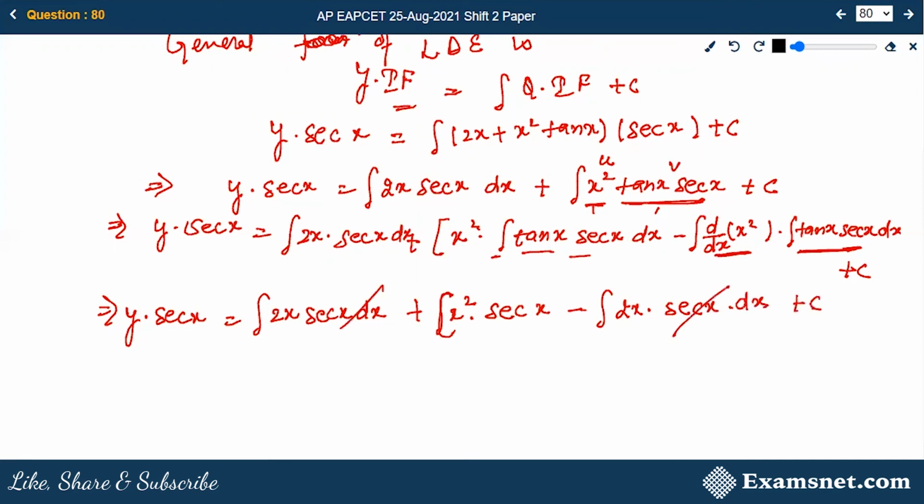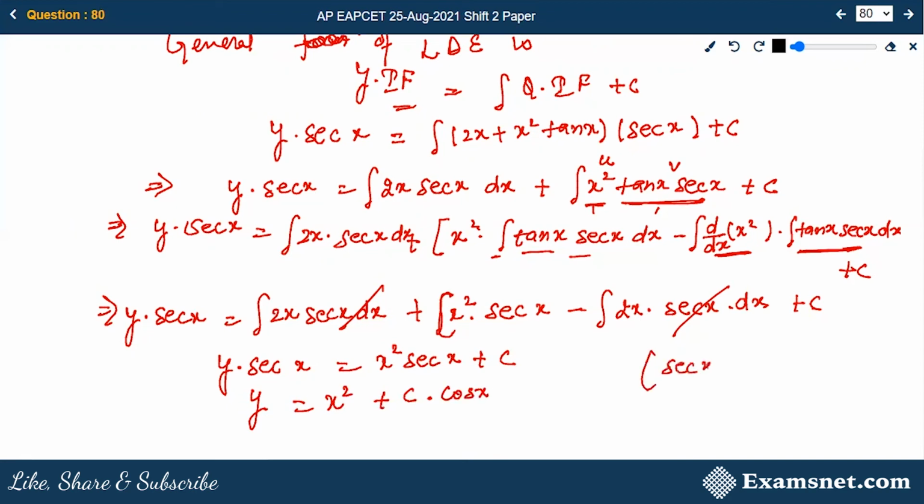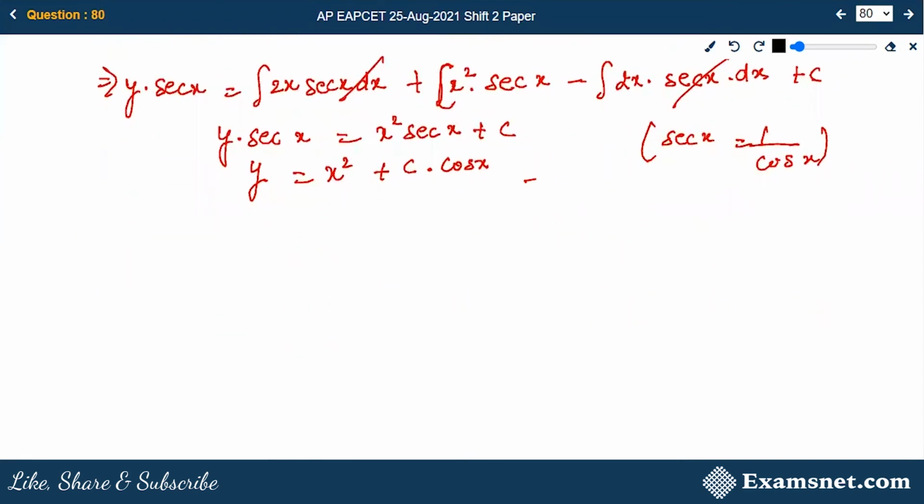They will cancel. You have y into secant x is equal to x square secant x plus c. Dividing both sides by secant x, this will give you y is equal to x square plus c upon secant x, which is c cos x. Why? Secant x is equal to 1 by cos x. Correct? So you got the equation y is equal to x square plus c cos x.